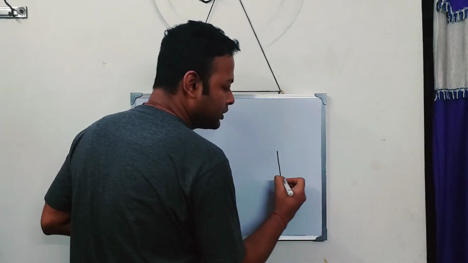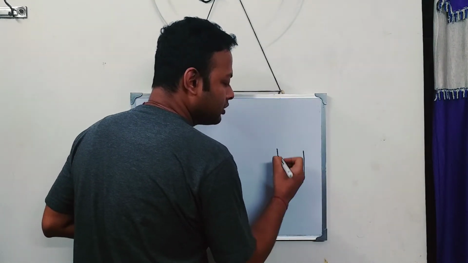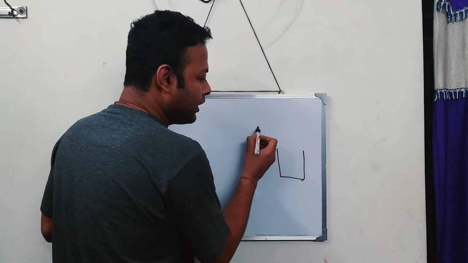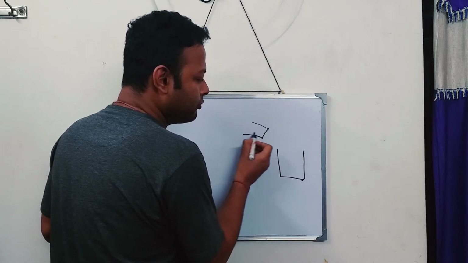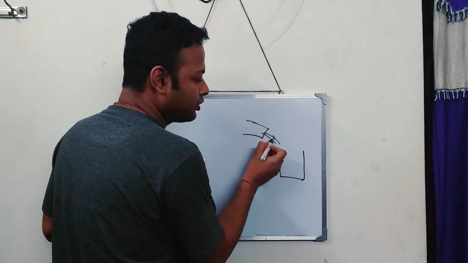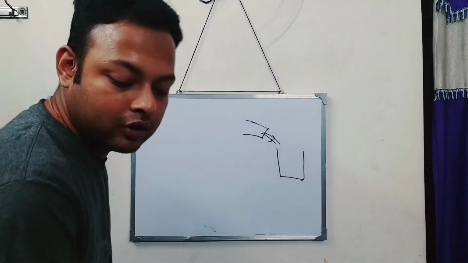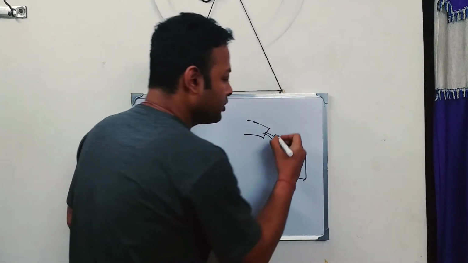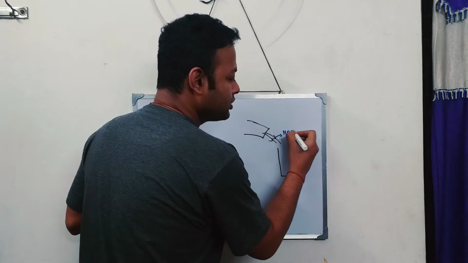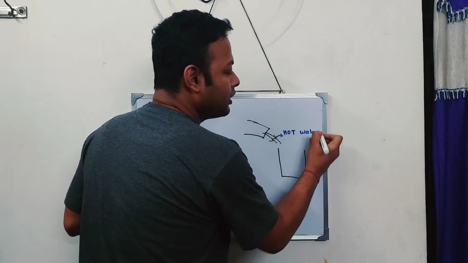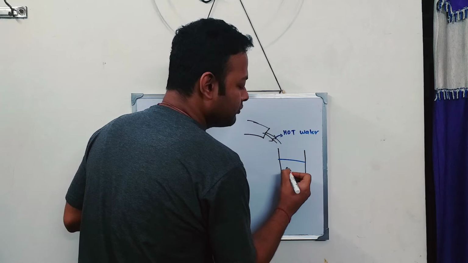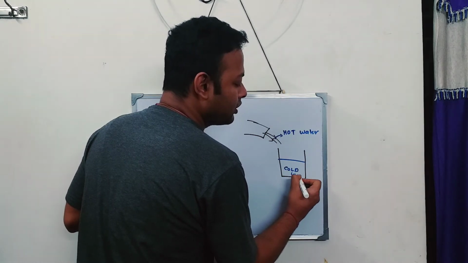So this is a calorimeter, and from here cold water is coming. So this is the hot water, and inside the calorimeter we have the cold water.